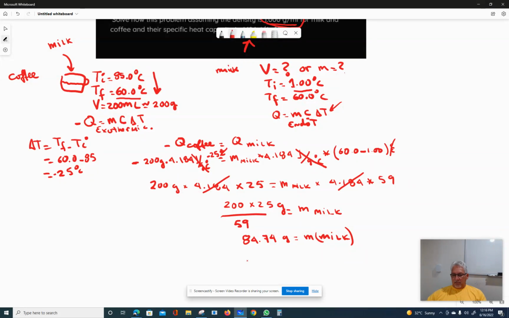So you can say the volume of milk will be also, assuming the density is 1 gram per milliliter, 84.74 milliliters. And that will be the total milk that you need to add to your coffee.